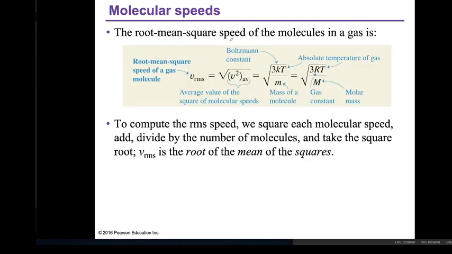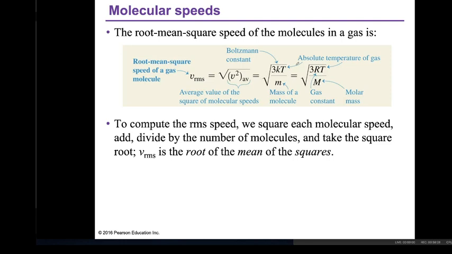And the root mean square speed of the molecule in a gas is, so the root mean square speed of the molecule equals first v squared and then square root, and then it equals the square root of 3kT over m.